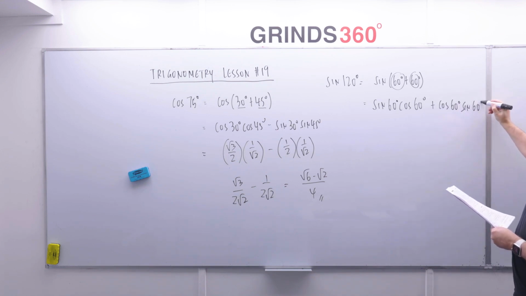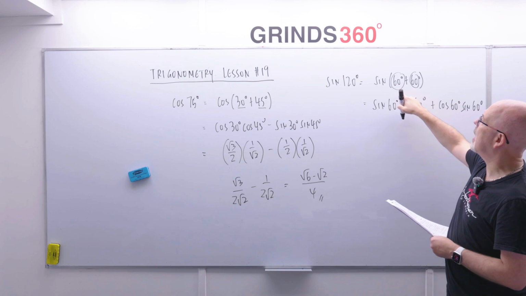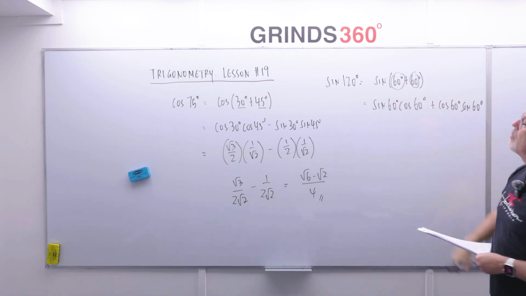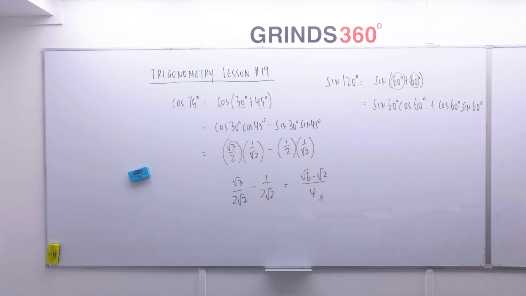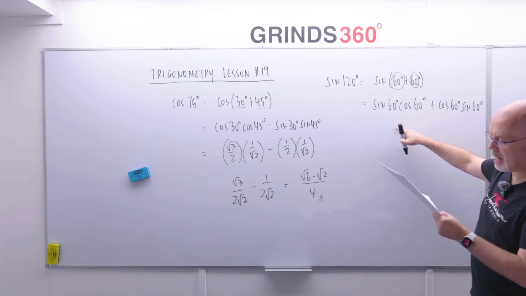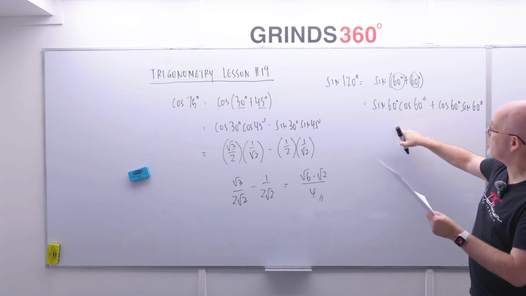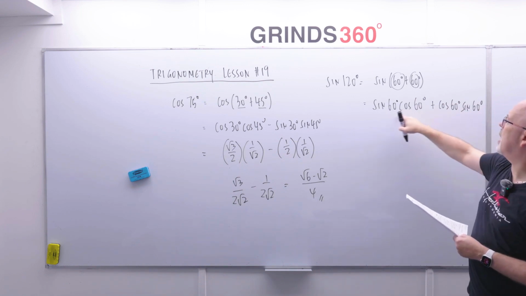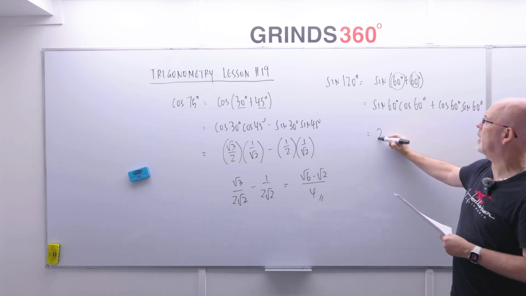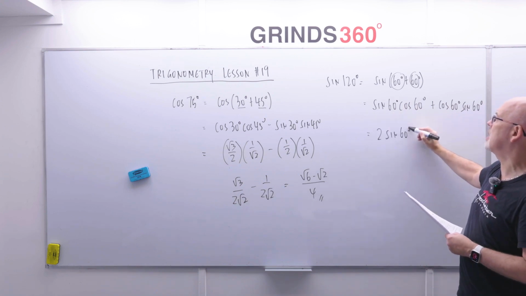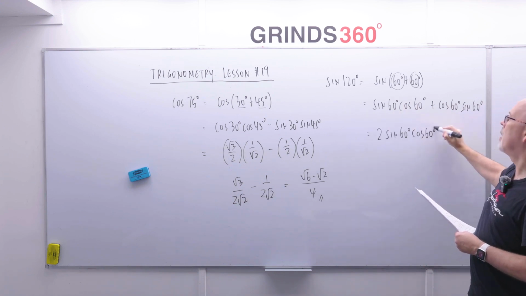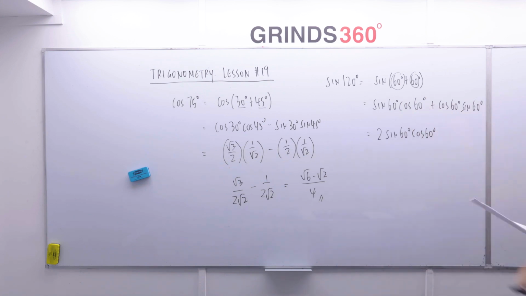That's just filling 60 degrees in for A and B in the sine A plus B formula, because I'm writing the 120 as two things added together. So if I grab these from my formula booklet, you can see they're both the same. So you could just write that as 2 times sine 60 times cosine 60, because these two are identical.